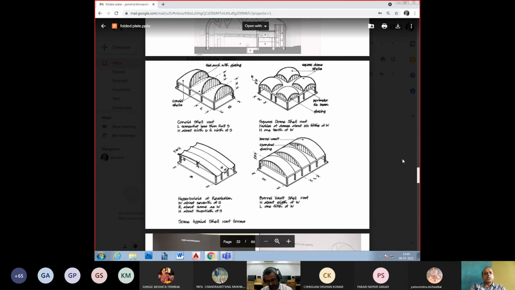In RCC, it is the bond between concrete and steel which makes the whole reinforced concrete act in unison. There is no separate steel and concrete behaving or acting separately.